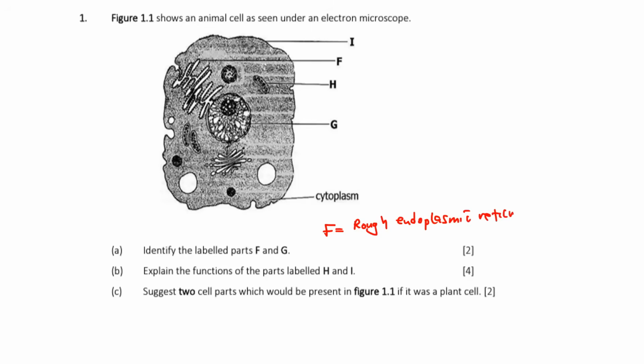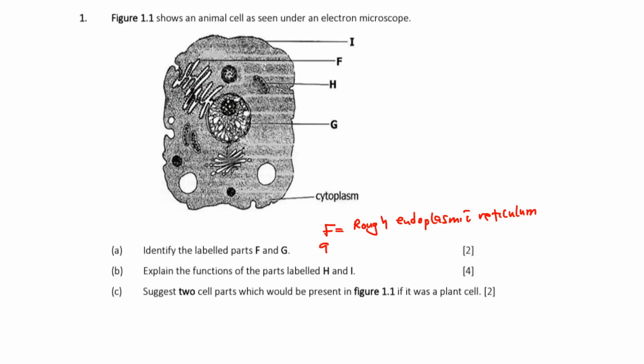Why are we saying rough endoplasmic reticulum? Because it has this thing outside that you are able to see, and these are called ribosomes. You need to know the detailed parts of a cell and also the functions. So it is very important that you know that part.